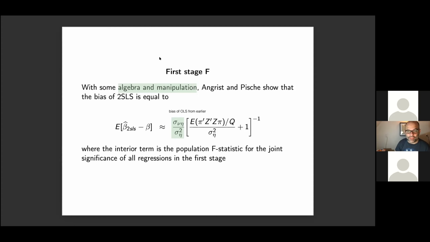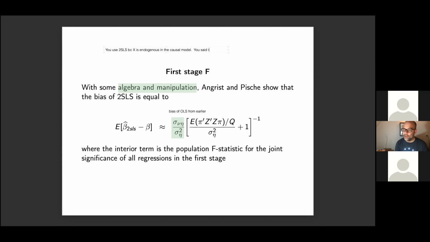Why are eta and V correlated? Holger asked, why are they correlated? You use two-stage least squares because X is endogenous, right? In the causal model. That's why you went for it.